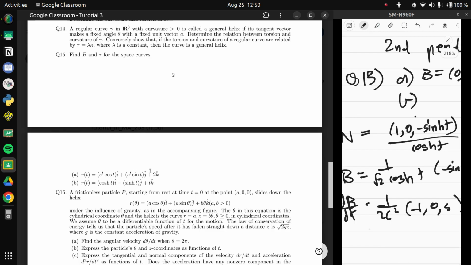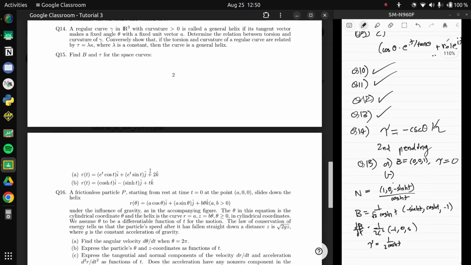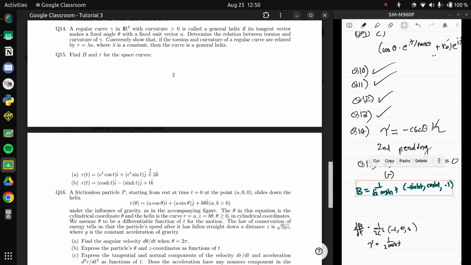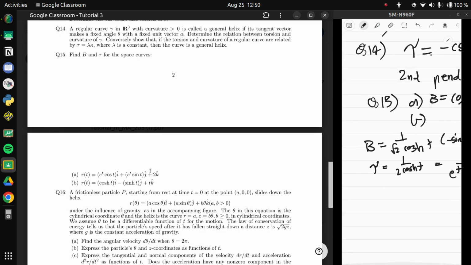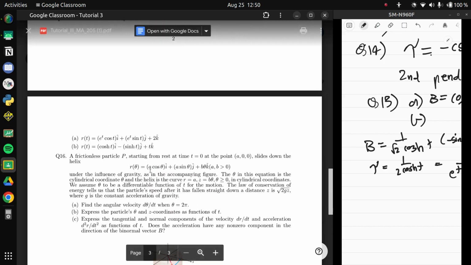So your tau is just 1 upon 2 cosh(t). Which is basically 1 upon e to the power t plus e to the power negative t. So that was done. Next question is, so we've got 2 more questions to go.